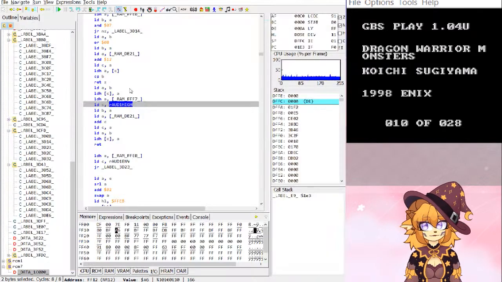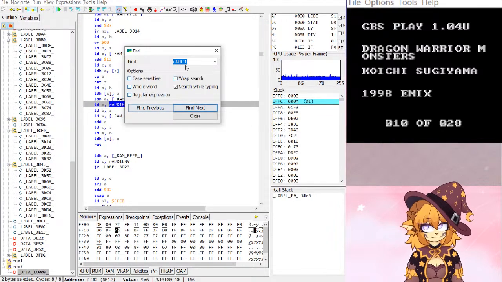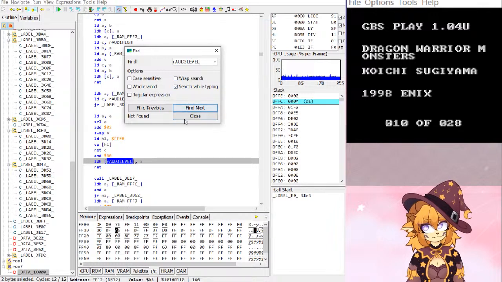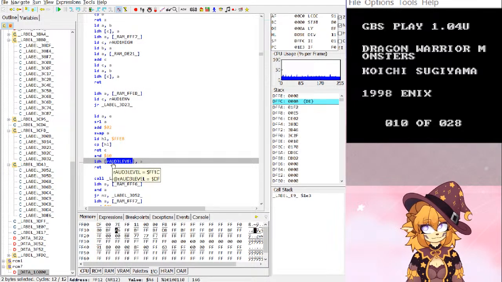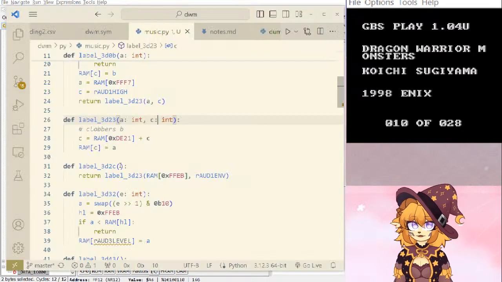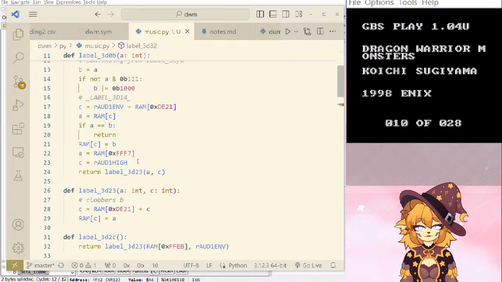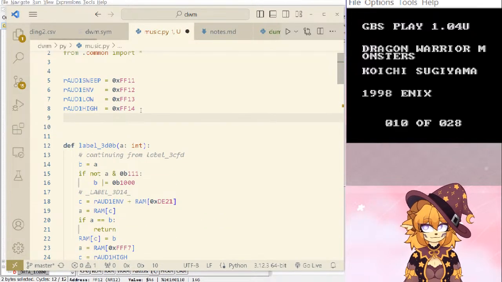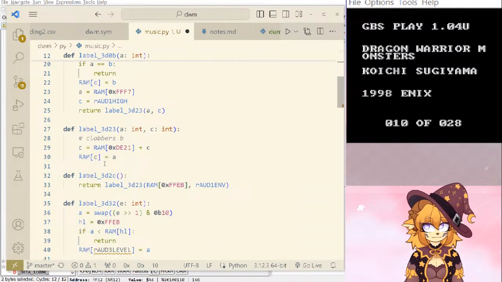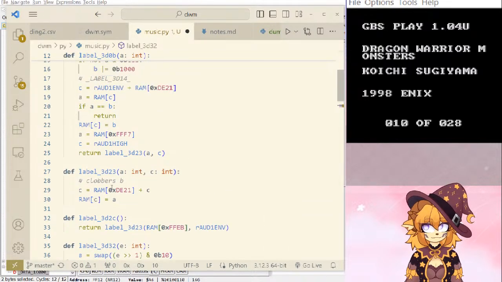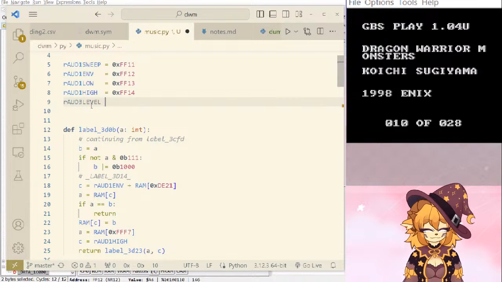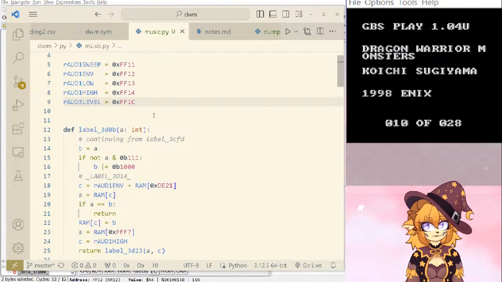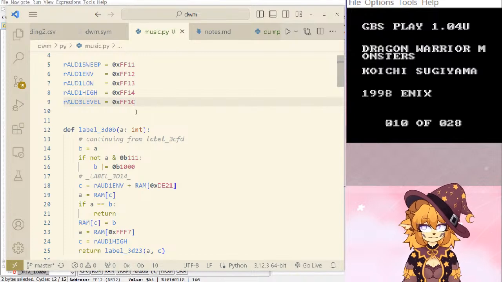The NR30 level is FF1C. The whole thing. Oh, good. And they can all stop complaining.